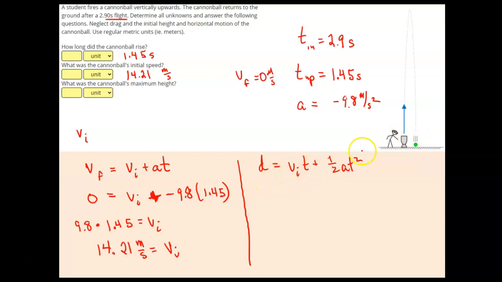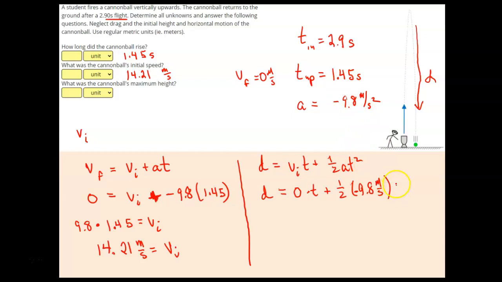So I'm going to think of this as it started up here and it fell down to the ground. I'm not going to think of it as what distance did it take to go up. I'm thinking of it as what distance did it take as it was falling down, right? And if I think of it that way, I can set my initial velocity to 0. The advantage of that is it makes this term disappear, and I get 1/2 a, 9.8 meters per second squared, or negative, I could say negative, times time squared.